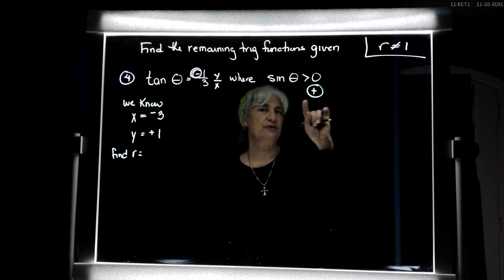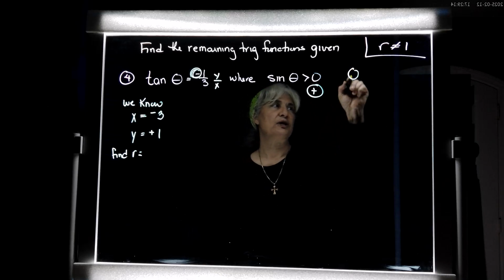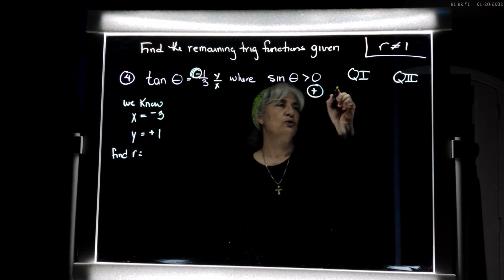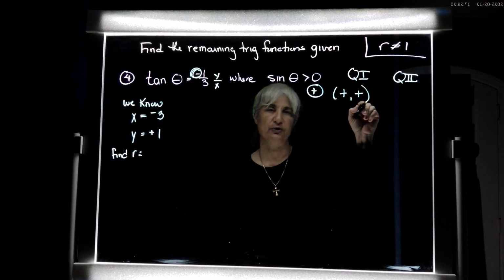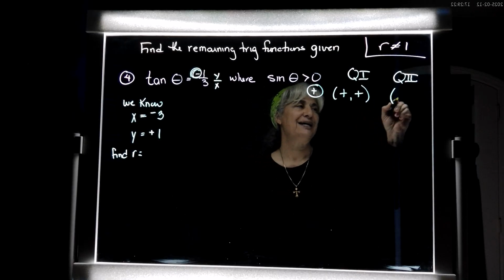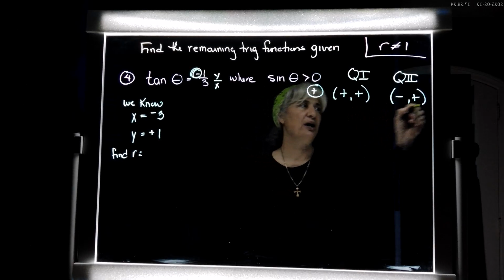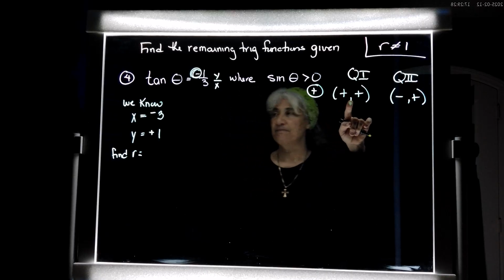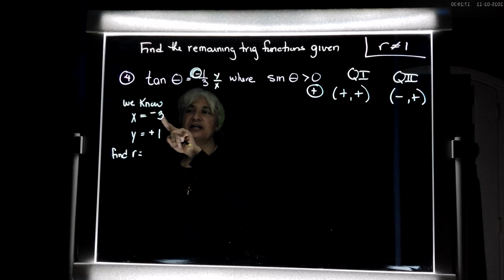So sine is positive in which quadrants? Quadrant 1 and quadrant 2. Quadrant 1, x and y are both positive. Quadrant 2, x is negative, y is positive. Can it be a quadrant 1 theta? No, because I already figured out that x had to be negative given the y was positive.